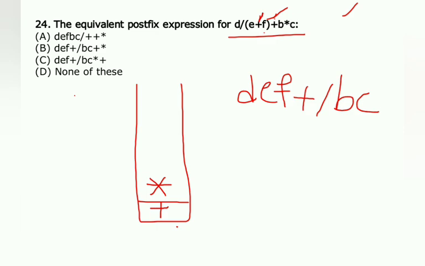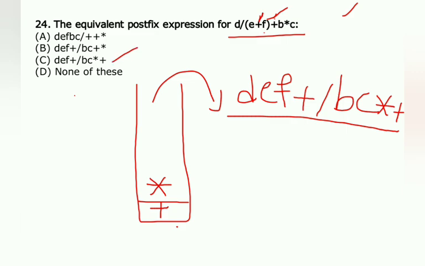So now we are popping the elements. So multiplication operator is taken out, and then plus operator is popped here, right? So this is the answer. So for converting the infix expression into postfix expression, the answer is option C.